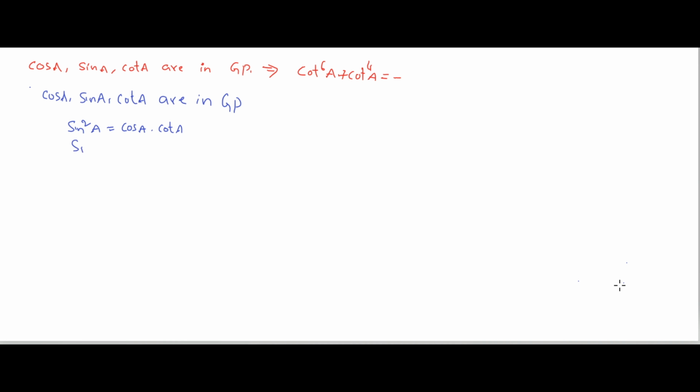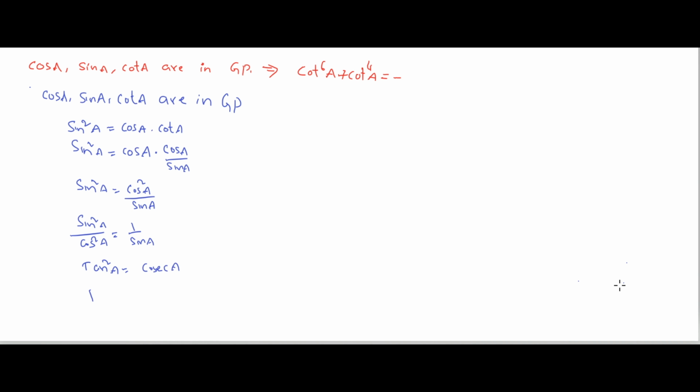The value of cot a is cos a by sin a, so sin²a = cos²a by sin a. So sin²a by cos²a is equal to 1 by sin a, that is tan²a is equal to cosec a.